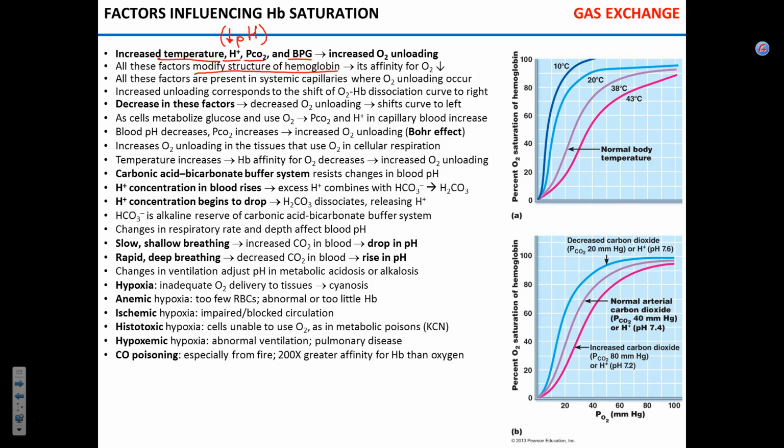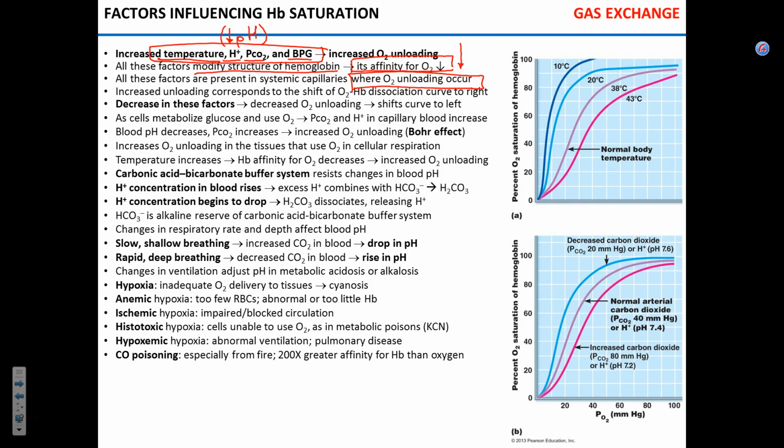As the structure of hemoglobin changes, its ability to bind oxygen decreases, meaning oxygen is more readily unloaded from the hemoglobin molecule and goes into the tissues. So oxygen is not as tightly bound to hemoglobin anymore. It's important to understand that these factors are all present in the systemic capillaries, and that's where unloading of oxygen actually happens.